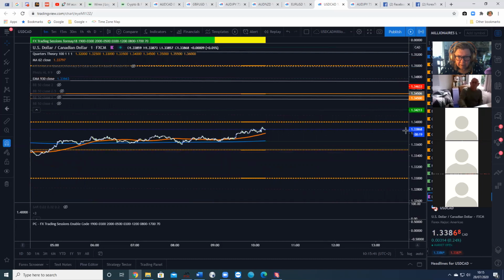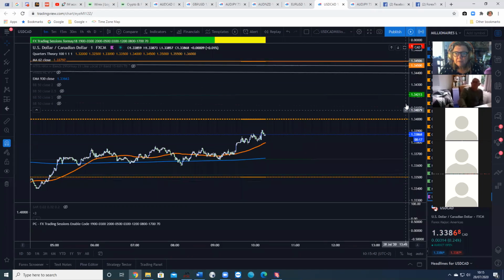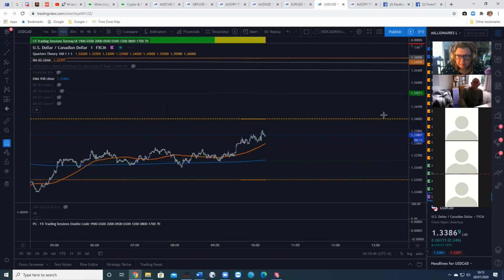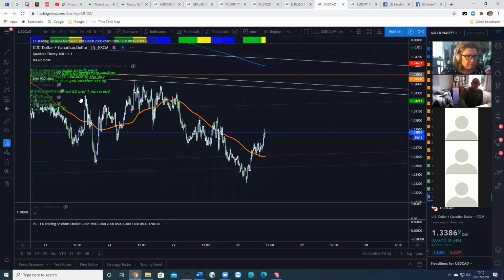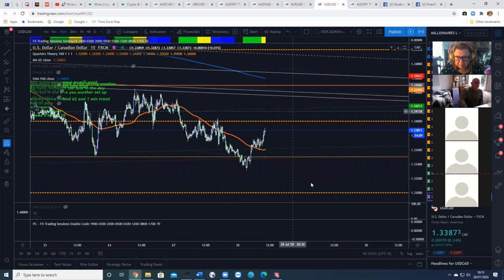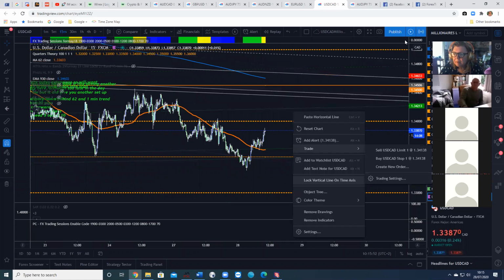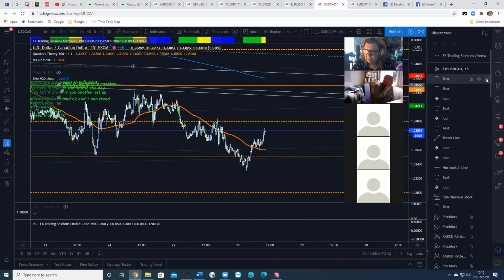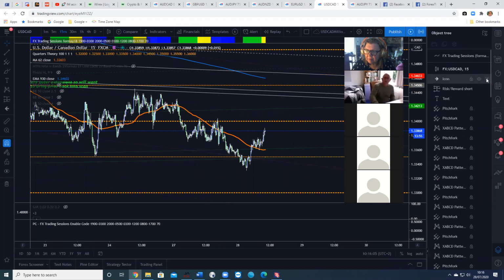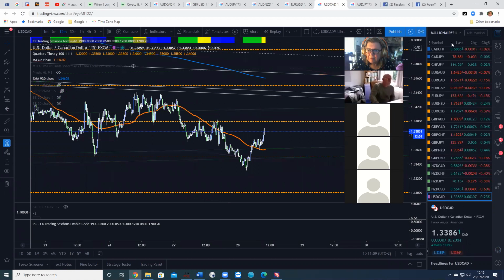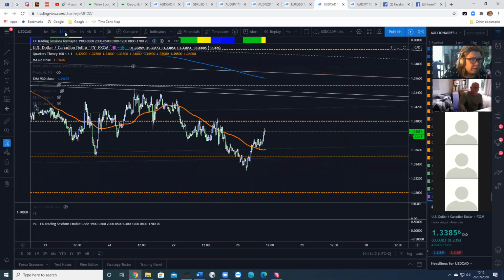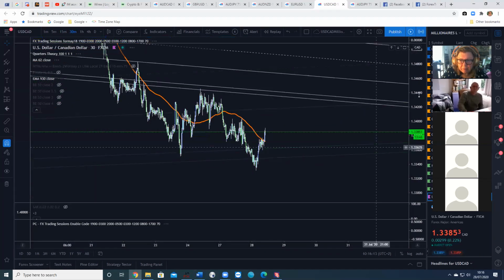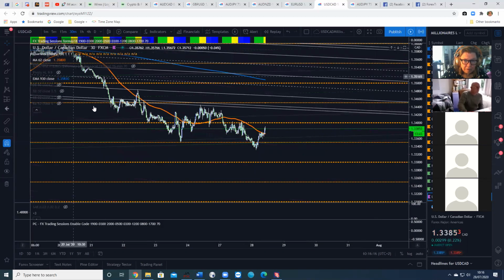Oh, that's a pitchfork above. You see what scan this is in. Oh, I'm going to have to tidy this up. Come out a bit more. So I've got this coming off.